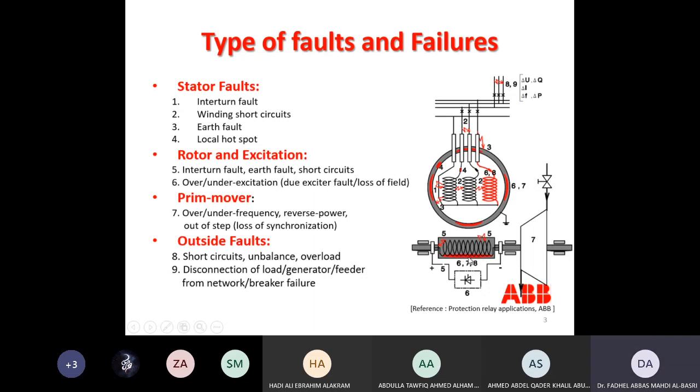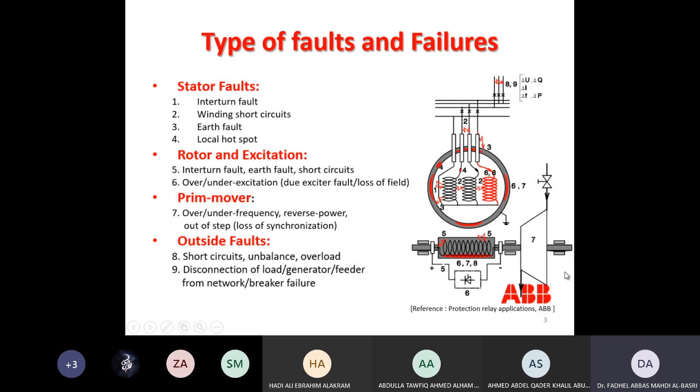I could also have issues with the excitation system, the DC supply provided to it. I might lose this excitation, and I want to detect that I have lost the excitation. So we have under-excitation or over-excitation problems. Maybe the exciter can provide higher voltage than what the field winding can handle, and I would like to also detect this problem.